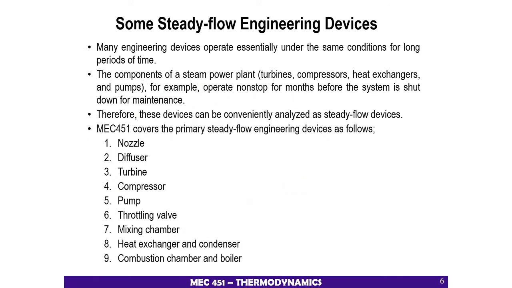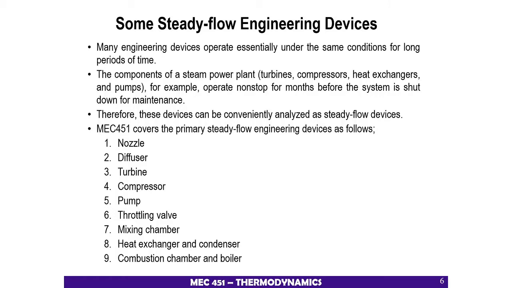Some steady flow engineering devices. Many engineering devices operate essentially under the same condition for a long period of time. The components of a steam power plant, such as turbine, compressor, heat exchangers, and pump, for example, operate non-stop for months before the system is shut down for maintenance.